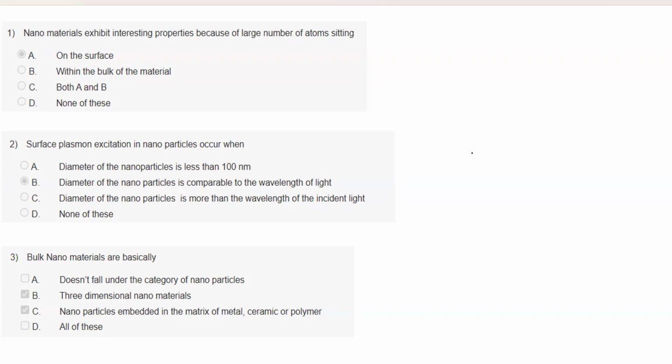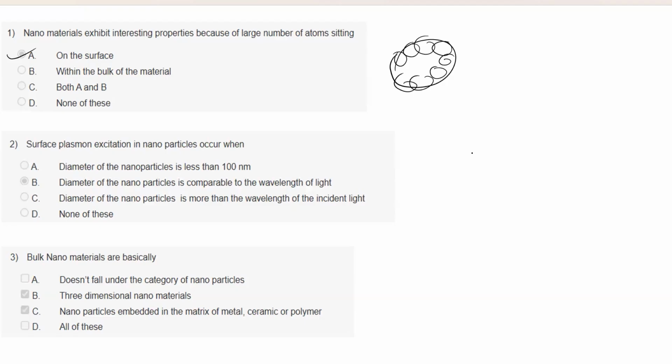Okay, so nanomaterials exhibit interesting properties because of the large number of atoms sitting on the surface. Nanomaterials have a large surface to volume ratio, so a large percentage of atoms are on the surface.